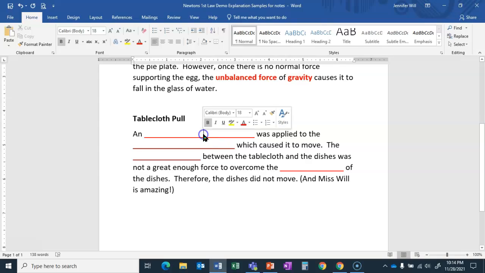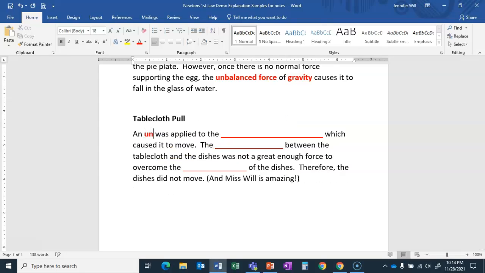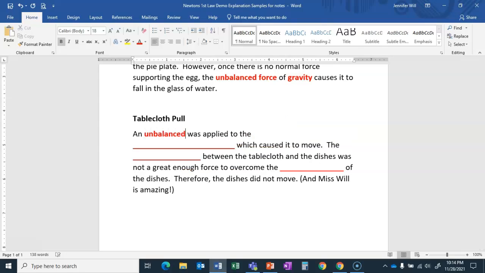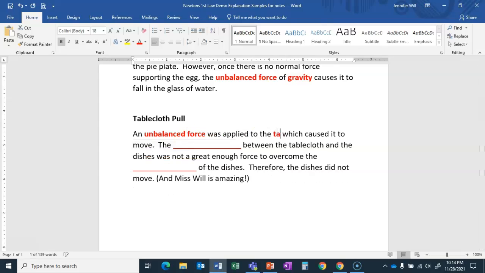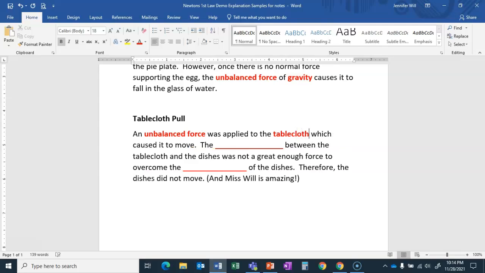So I might start: an unbalanced force was applied to the tablecloth, which caused it to move.